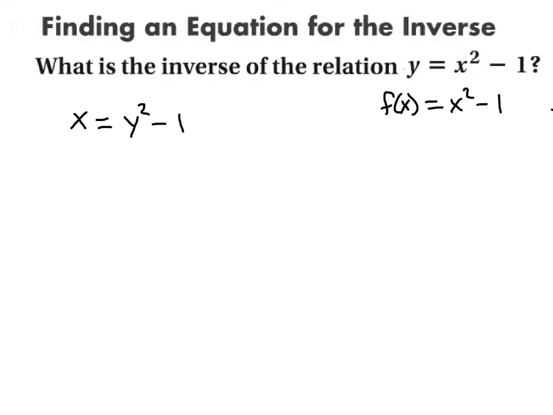Now that we have our inverse written, in fact, this equation is the equation of the inverse, but it's not written in the form that we like to see. We always want our equations to be y equals whatever we get. So we have to rearrange this equation.